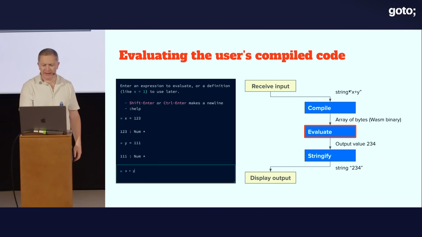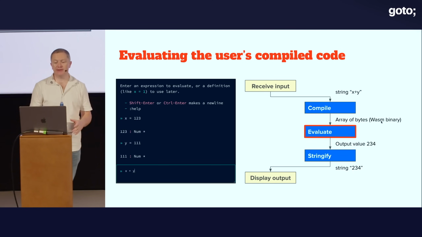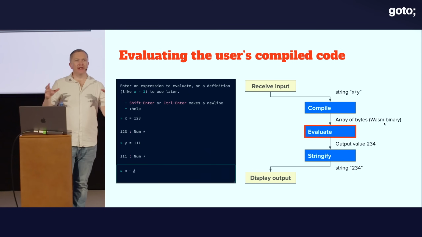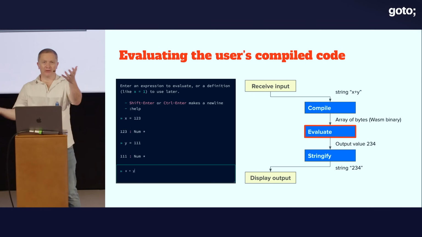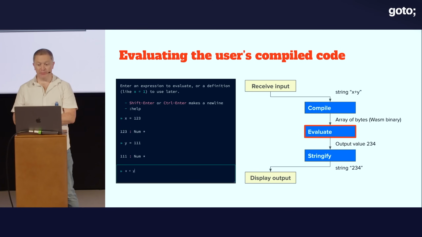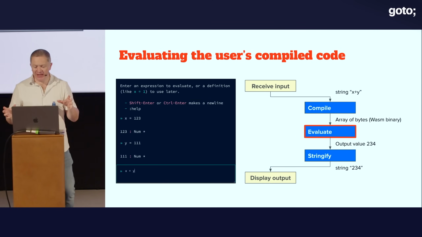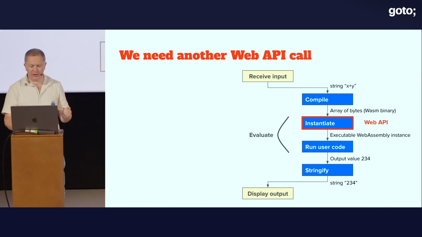So we can take our string, and the compiler will turn it into an array of bytes. Now, normally a compiler would get an array of bytes and just write that into a file, and then that's your compiled binary. But we don't want to write into a file. We don't have a file system. We're in a web page, so we need to evaluate those bytes. But they're not in a format that's runnable right now.